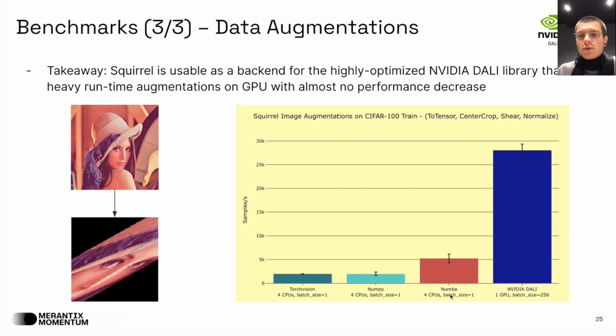If you do it with Numba, which is a compiled version of NumPy, which takes quite a bit of effort to implement, I would say, it took me a while, you get a better performance than Torch Vision. However, if you use Nvidia Dali, that offloads all of these expensive augmentations onto the GPU, and then also benefit from batching onto the GPU directly, then you get a much higher throughput. And also less GPU stall, of course.